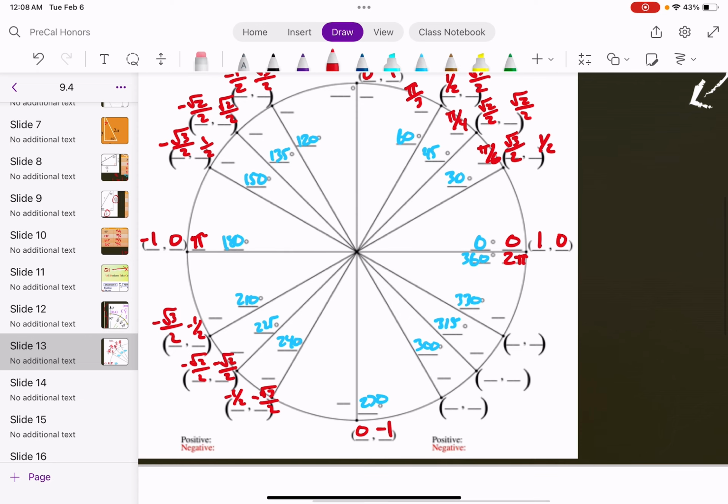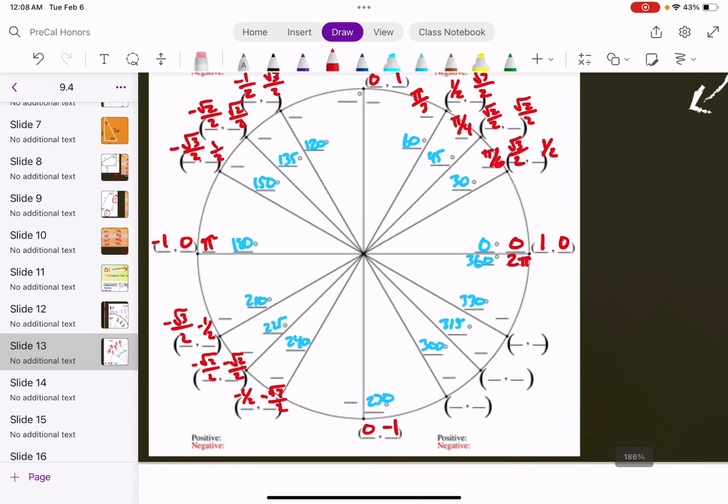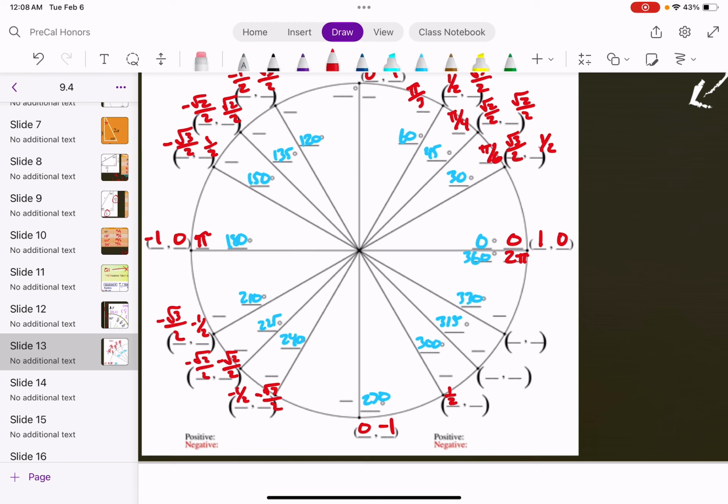So in this case, we are looking at 1/2, square root of 2 over 2, and the square root of 3 over 2. Notice we're still going to have a negative y, which would be negative 1/2, negative square root of 2 over 2, and negative square root of 3 over 2.